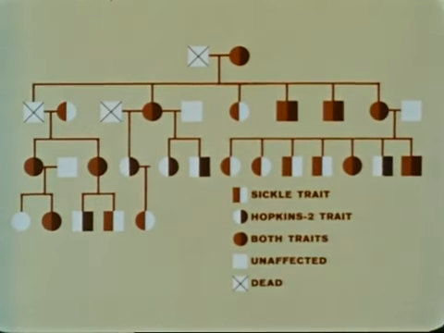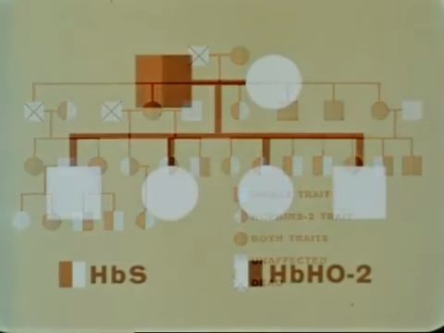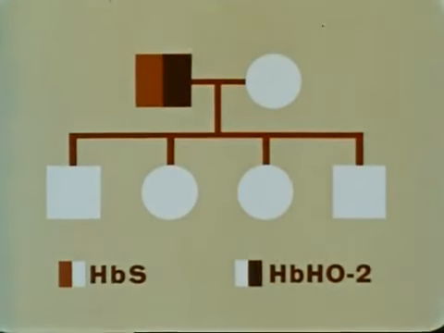Are the genes for hemoglobin S and hemoglobin Hopkins 2 at the same locus, that is, allelic? Again, critical information is provided by families in which one parent has both of the aberrant hemoglobins and the other has neither. In this case, it is found that all four possibilities occur among the offspring.